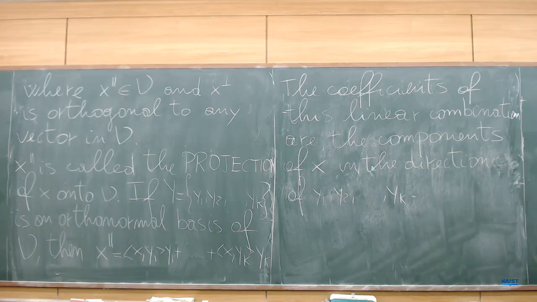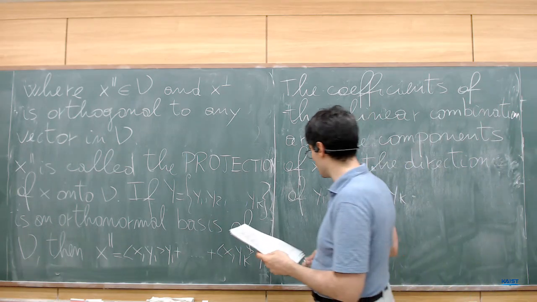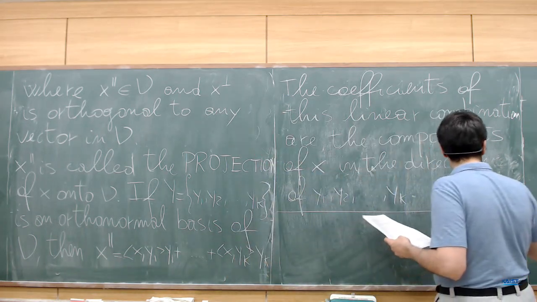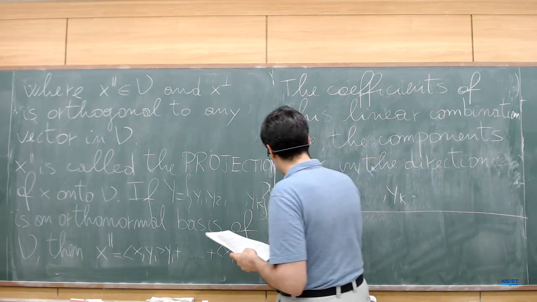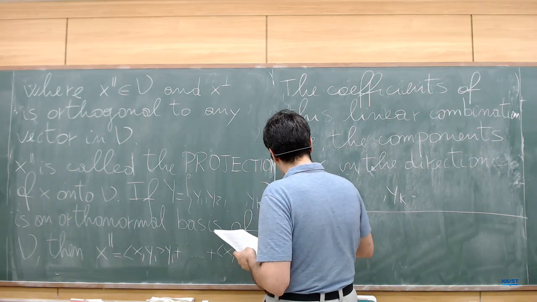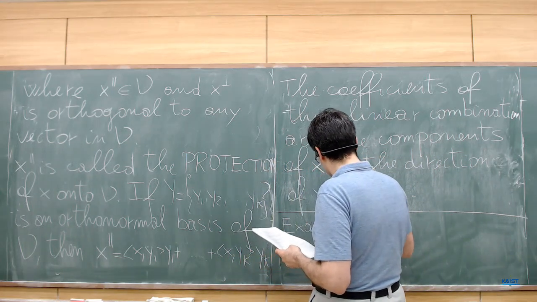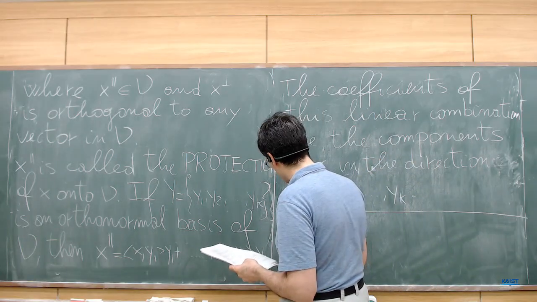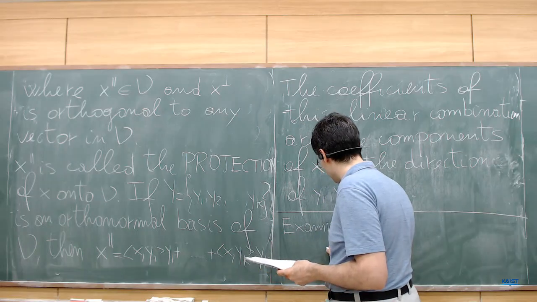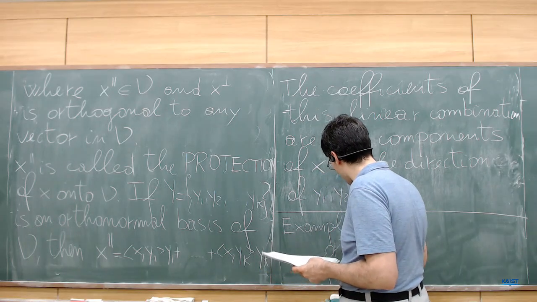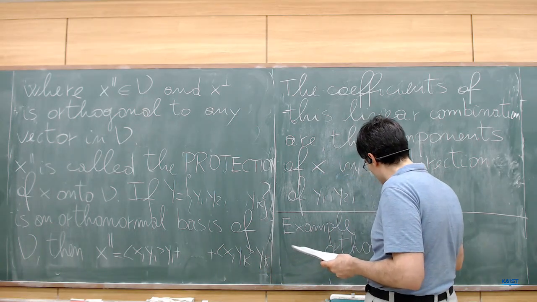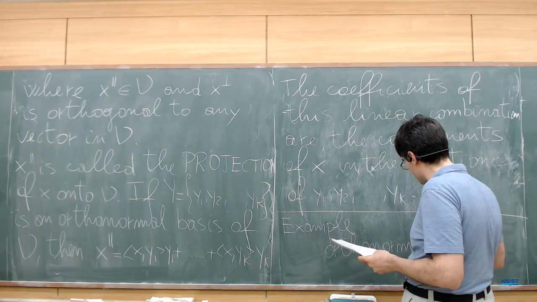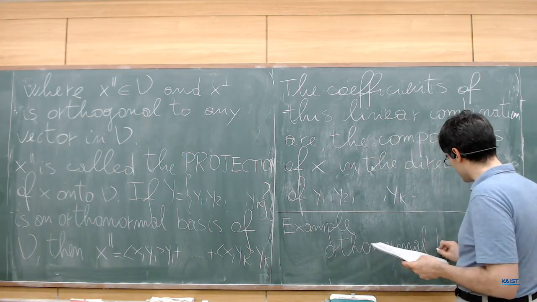Instead I want to show you a simple example. So what is the orthonormal basis that we use the most often for Rn?